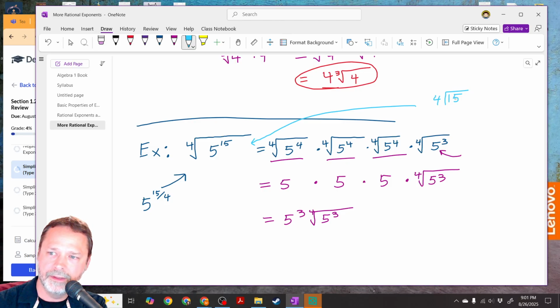That's what I want to do. 15 divided by 4 is 3 remainder, 3 times 4 is 12, 15 minus 12 is 3. 3 remainder 3.